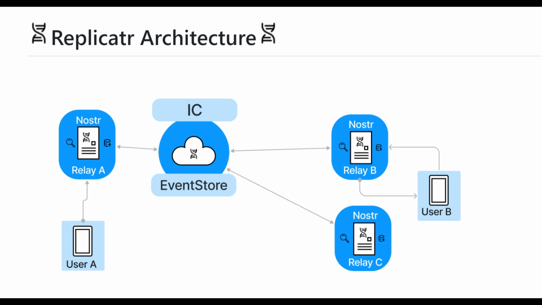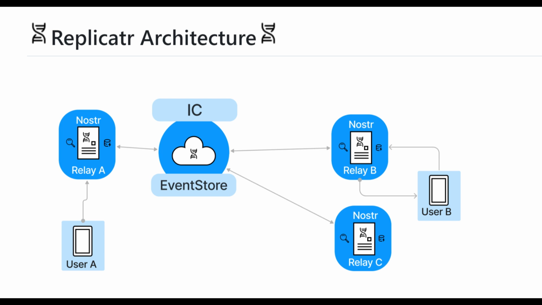So, bringing all this together, a query is sent to a replicator relay. The replicator relay very quickly organizes and determines which event IDs correspond to that query. Now, it might not have all the content corresponding to that query, but if it can send the event IDs to the canister, the canister will then serve up the content corresponding to those event IDs.